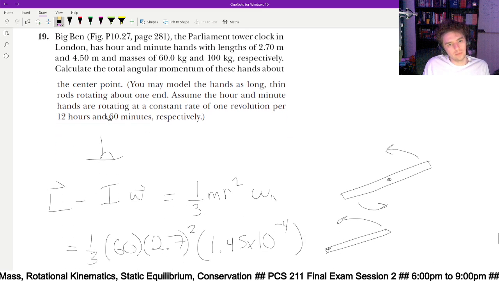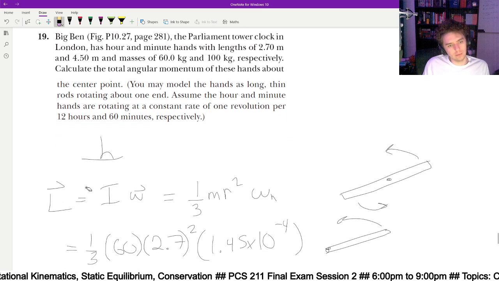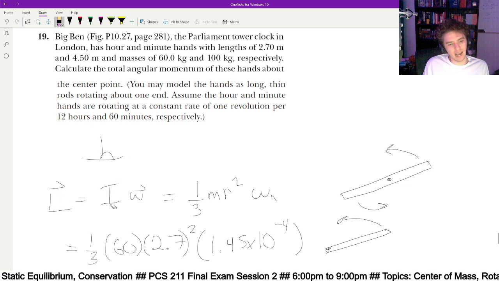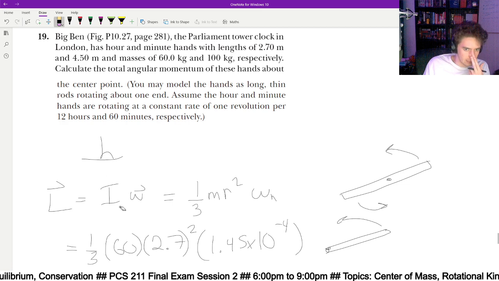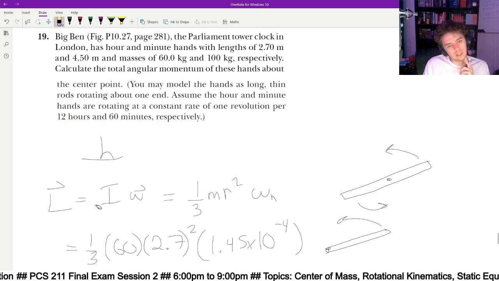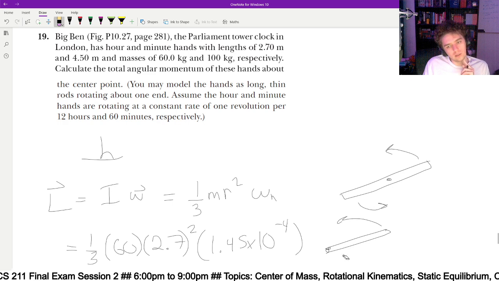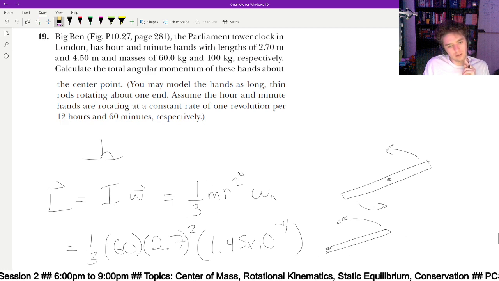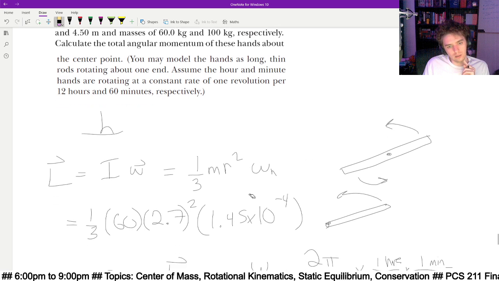So first, angular momentum for the hour hand, we use this formula. Angular momentum equals I omega, right? The inertia times the angular velocity. So the inertia for a rod rotating around one of the ends is 1/3 mr squared. That's just from a table.